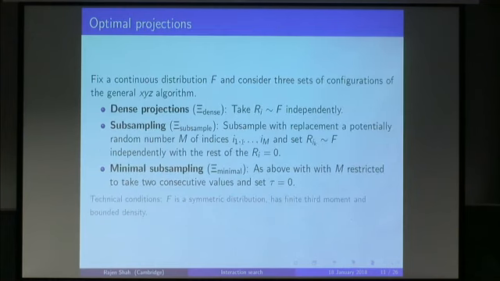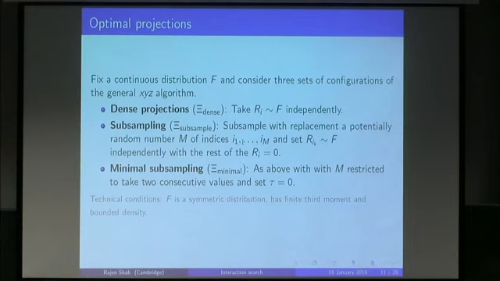We'd like to understand what would be a good choice for the distribution of the random projection vector, and also for how close is close, this parameter tau. So we're going to consider different subclasses of this very general version of the algorithm.